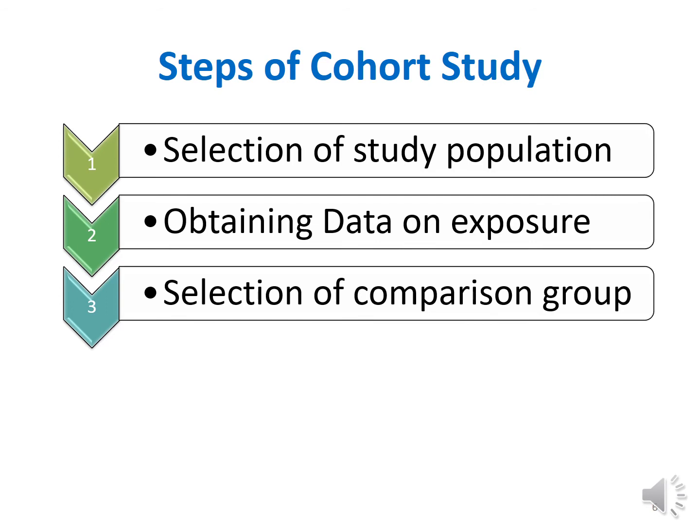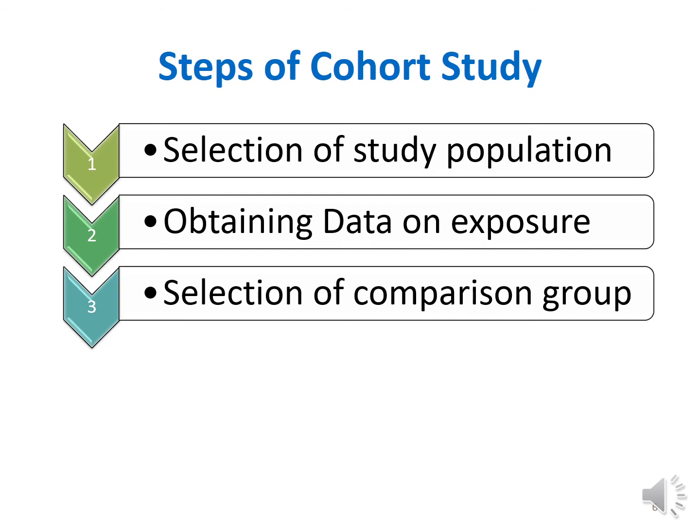Third element is selection of comparison groups or selection of comparison population. There are different ways of formation of comparison groups. Internal comparison. In some cohort studies, depending on degree of level of exposure to the risk factor, comparison groups are inbuilt and no external group is therefore required.